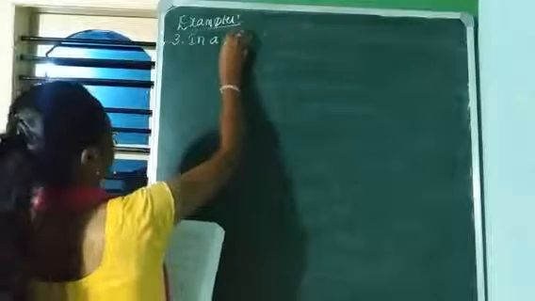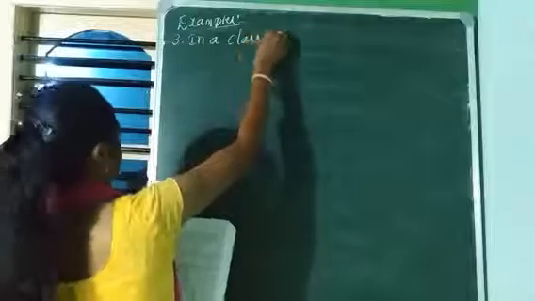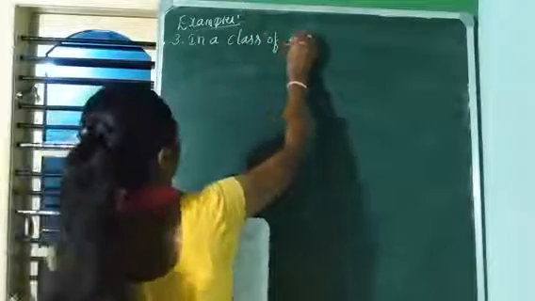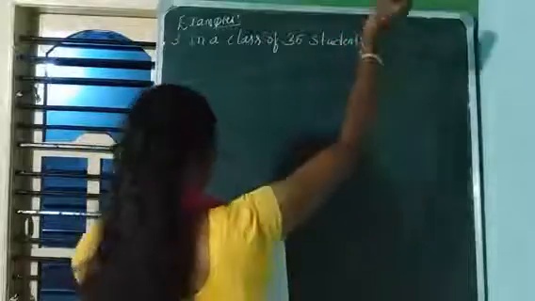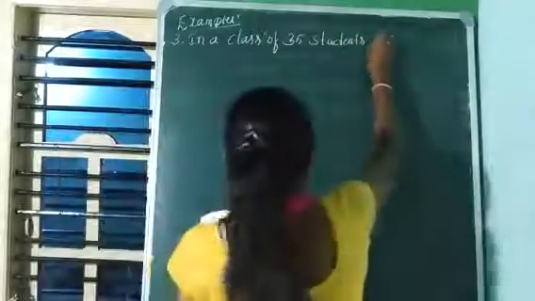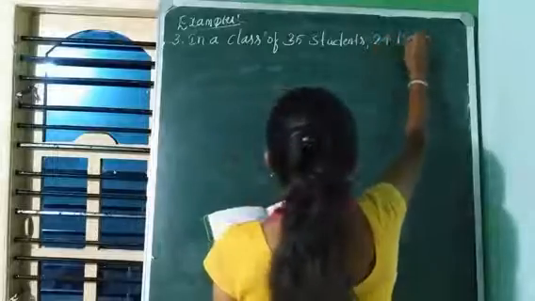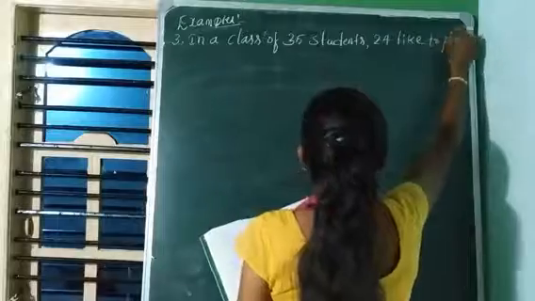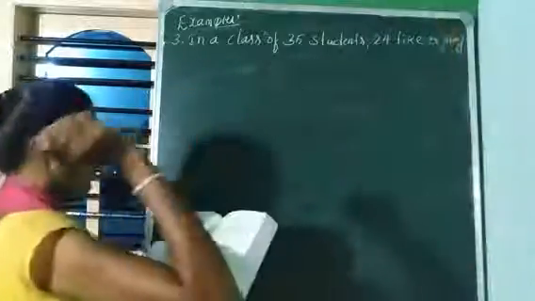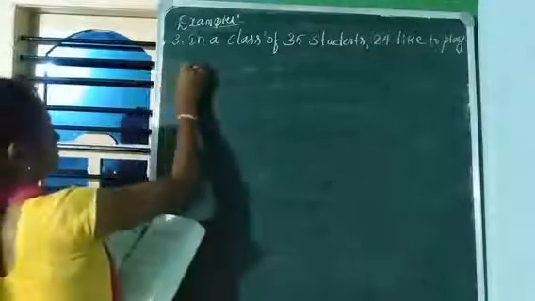In a school of 35 students, in a school, or you can take it as a class, in a class of 35 students, 24 like to play cricket.